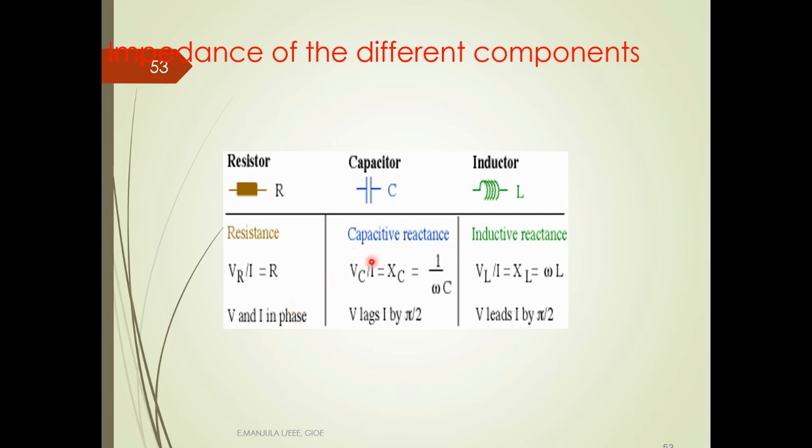Capacitive reactance, VC divided by I, is equal to XC, which is 1 by omega C, and here V lags I by pi by 2, or else I leads V by pi by 2, that is 90 degrees. Inductive reactance, VL divided by I, is equal to XL, which is omega into L. Here V leads I by pi by 2, or else I lags V by 90 degrees.